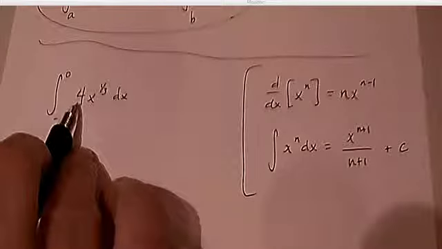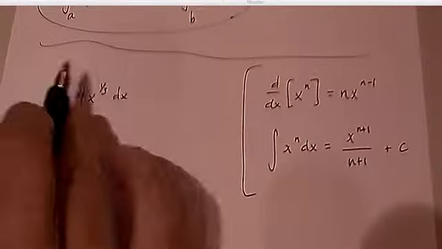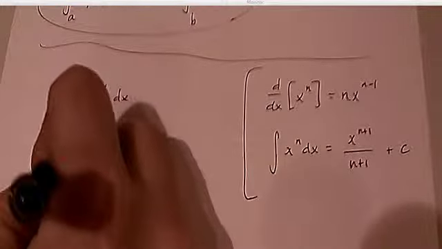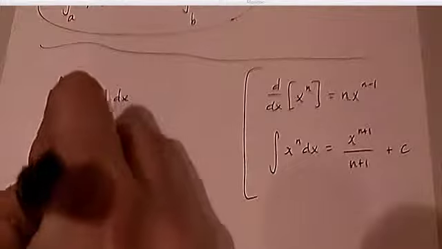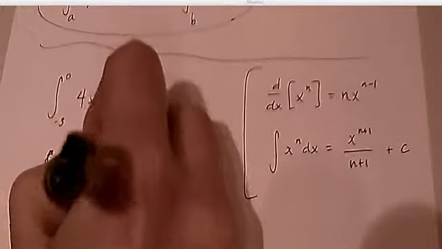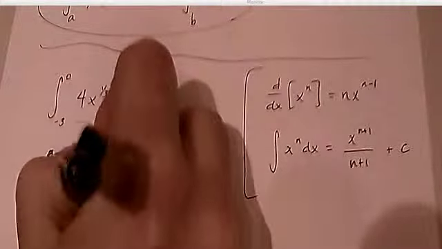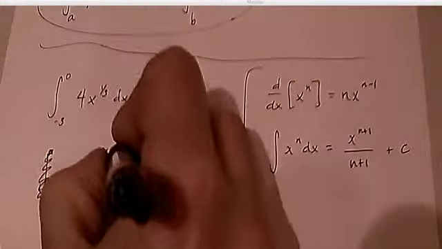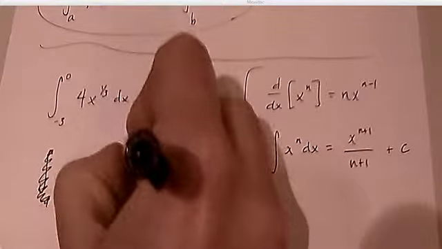So here's what I need to do. I need to basically ignore that 4. I either need to pull it out or just bring it along for the ride. I'm going to go ahead and bring it along for the ride. And what happens here, I need to go x to the 4/3 over 4/3, okay, from -3 to 0.